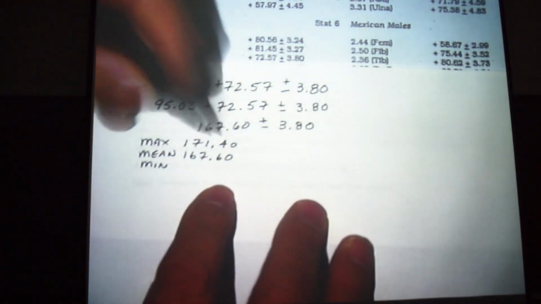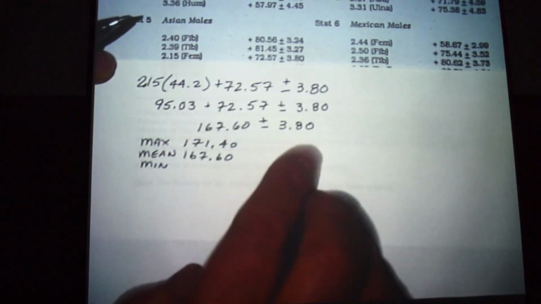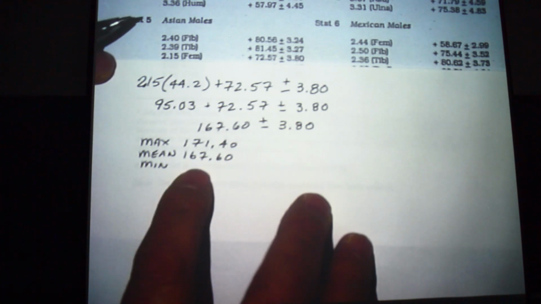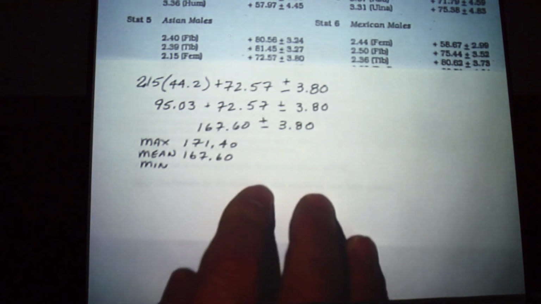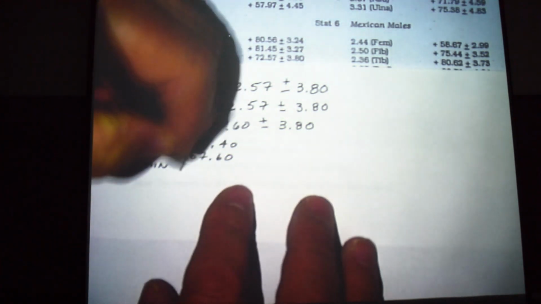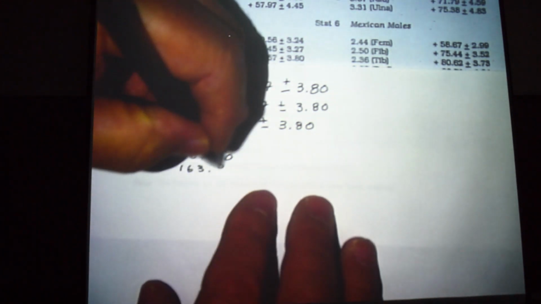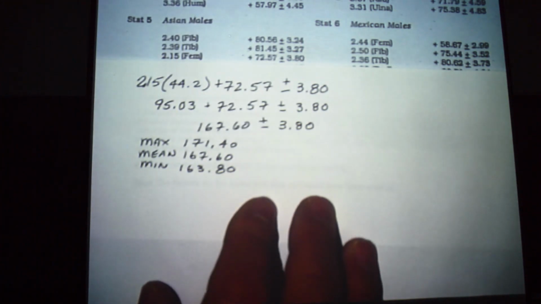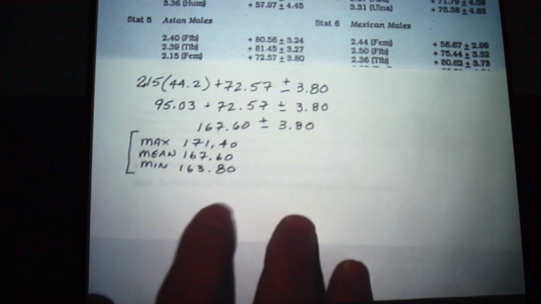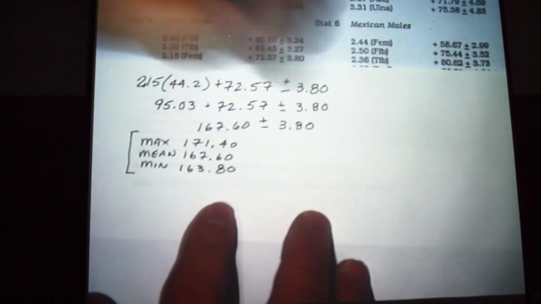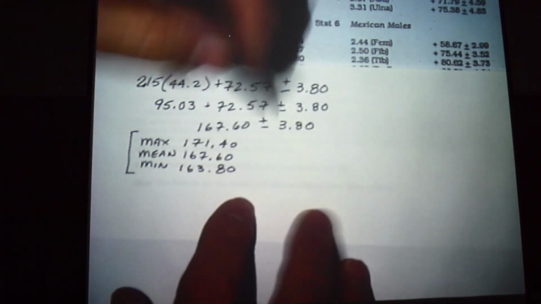And we need to minus 3.80 from the mean. Be careful when you do this. If by mistake you minus that from the 171, just minus 380 again, and you should get 163.80. That's the start of the bracket that you need to have when you solve this.